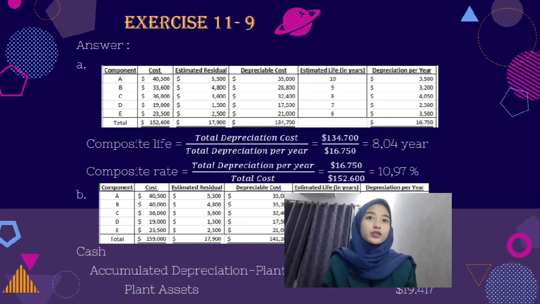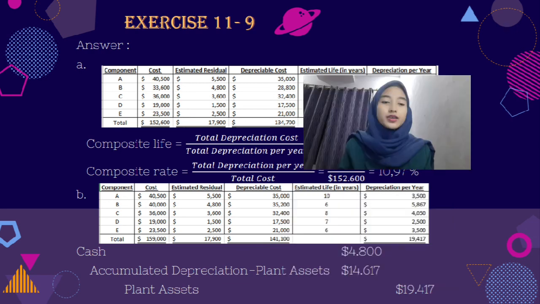And then composite rate amount is total depreciation per year divided by total cost amount, 16,750 divided by 152,600, amount 10.97%. B, you can see it in the table.